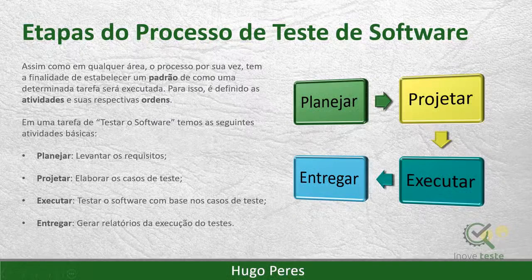And right after that you execute the plan. You perform all this planning to validate that what you defined in the test cases is covering the requirements, and that the software really is behaving the way you expected in your test case.